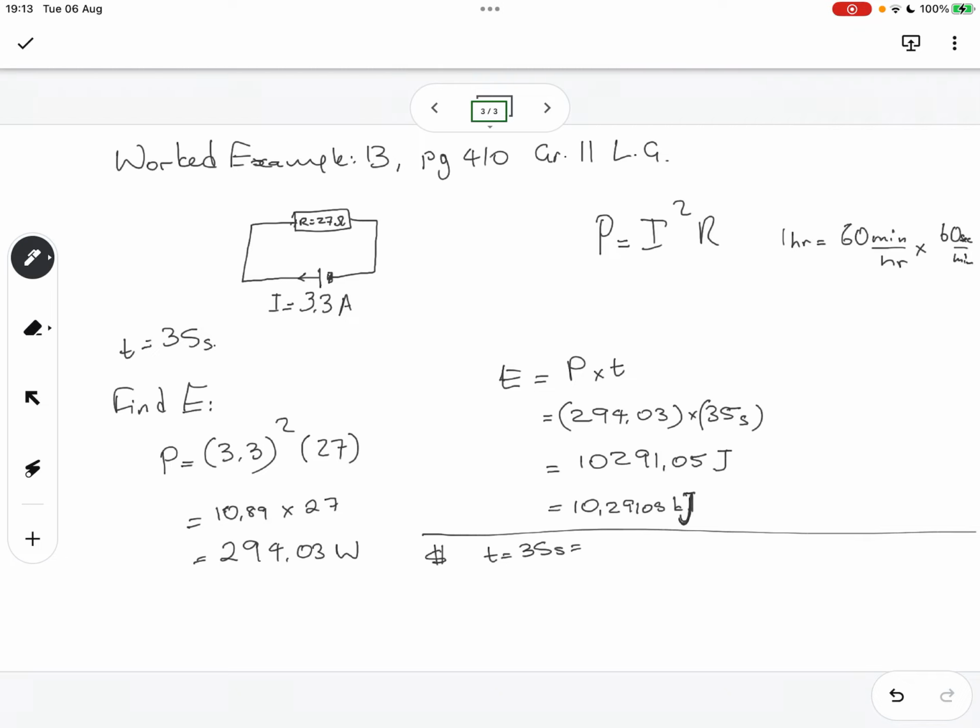So that means 1 hour is 3,600 seconds. So 35 seconds would be how many hours? So 35 seconds times 1 hour equals x times 3,600 seconds. And if we divide by 3,600, x would be 35 divided by 3,600.